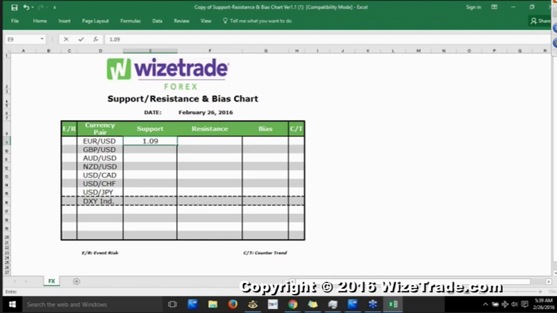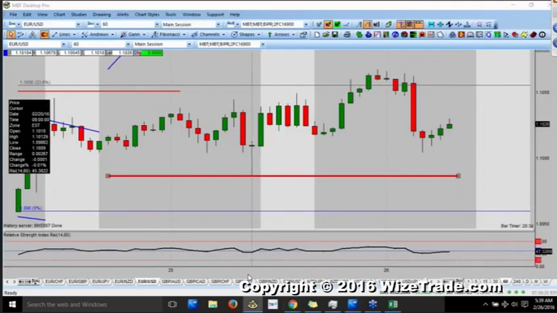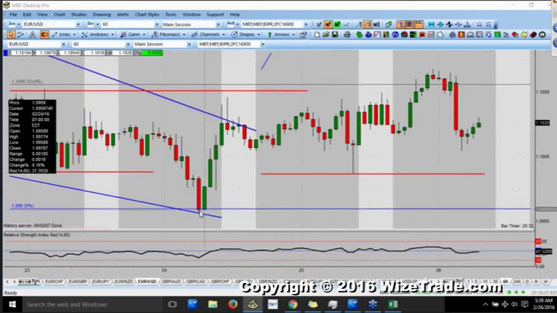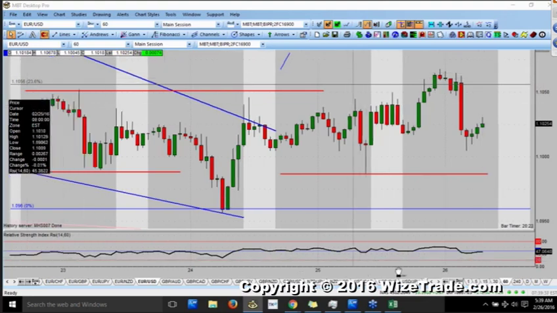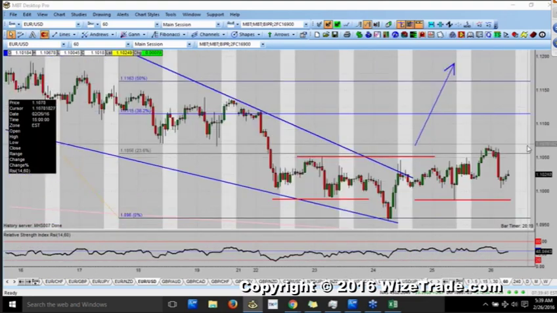I mean, 1.0985. Even if we break that, you've got 109.60 down here. That's support just below that. I don't know how aggressive I'd get below this support. And then if we breach through this upside, we might get a little lift, start rallying towards 111. But how much are we really going to move today?